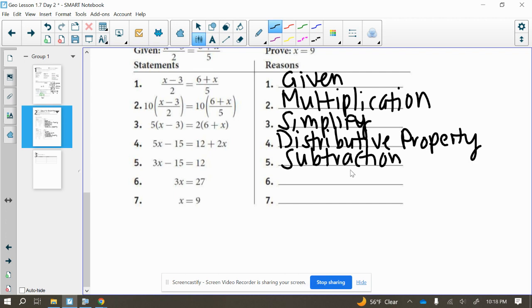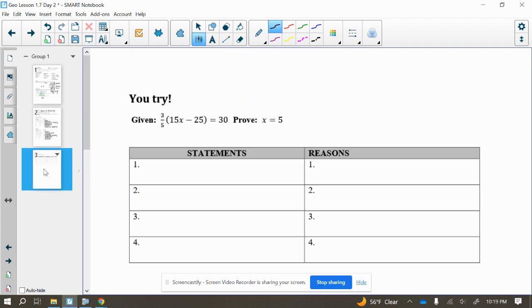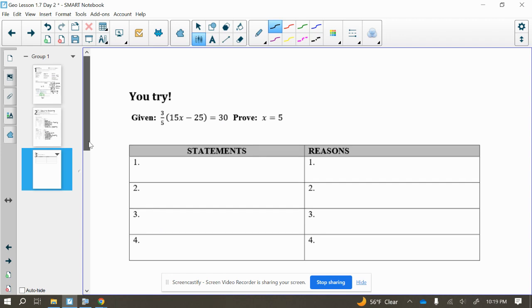Add this 15 to the other side. So addition. And last but not least, through the division of both sides by 3, we resulted in x equals 9. Try this last example on your own and make sure you write down your given and then follow through the steps to ultimately get your final 2-column proof.